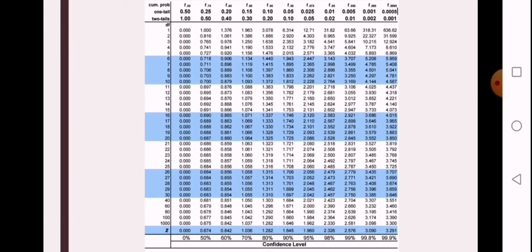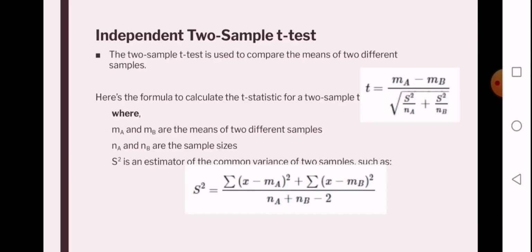We can find this in the below t-test table against the degree of freedom, n-1, and the level of significance. This method helps us check whether the difference between the means is statistically significant or not.